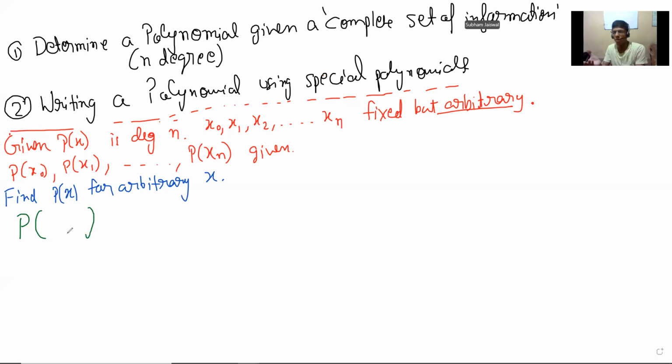P is a polynomial, right? And P is something that at the point x naught, it takes a value Px naught, right? So you create a counter for x naught, right? And similarly, maybe you can create a counter for x1. Yeah. And you create a counter for x2. And so on. Okay.